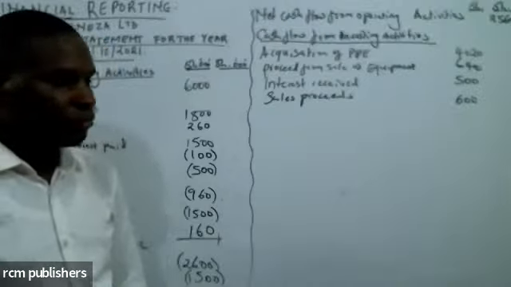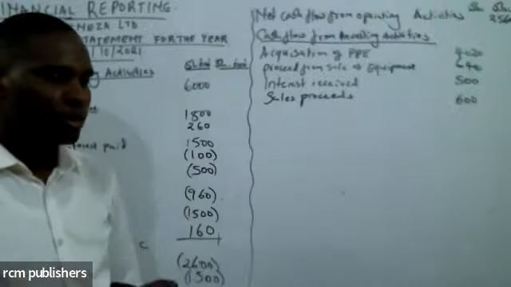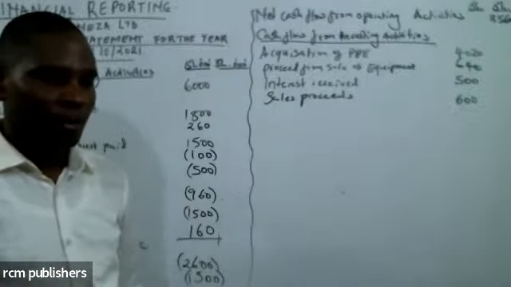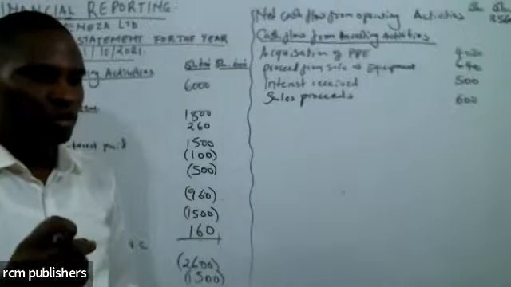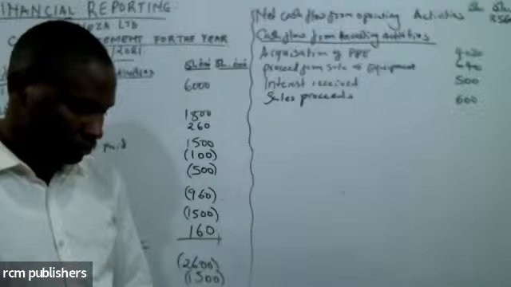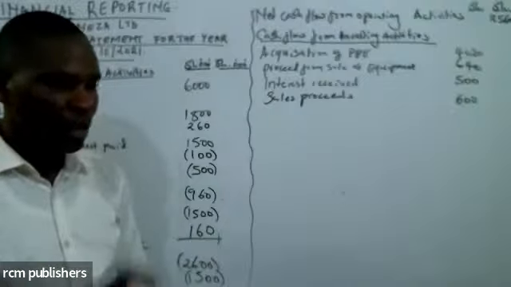Now, for the intangible asset, at the start of the year, how much was the value? At the end of the year, how much is the value? Was there an increase or decrease, so that we know whether there was an acquisition? Okay. That's what we are saying. Our intangible asset I see is 4,000 at the start.